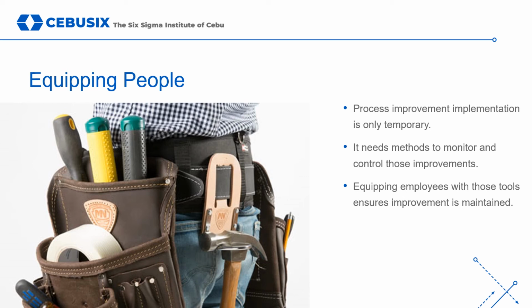First is a process improvement team comprised of project management, methodology experts, and subject matter experts who define, plan, and implement an improvement to a process. That team then trains and equips the employees who work directly with the process daily with the tools and procedures necessary to control and manage the process in its improved state.